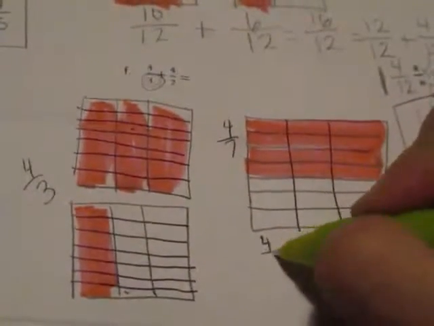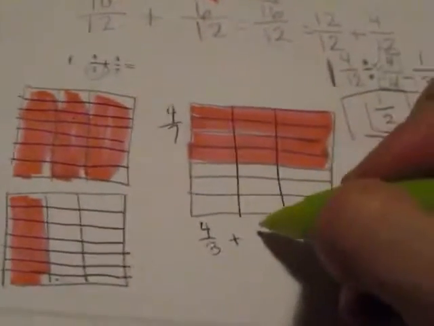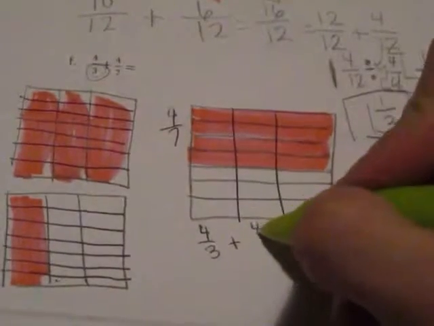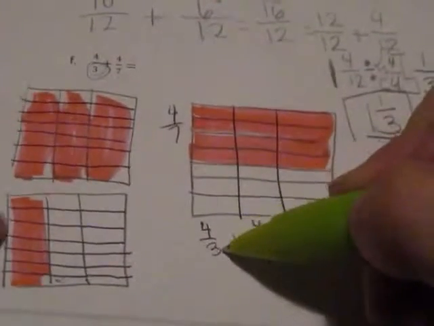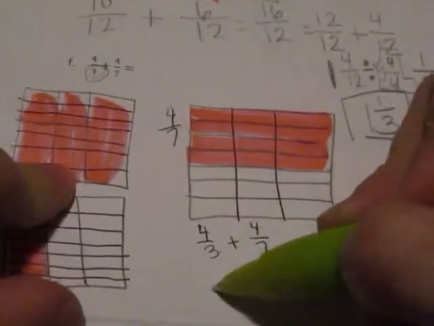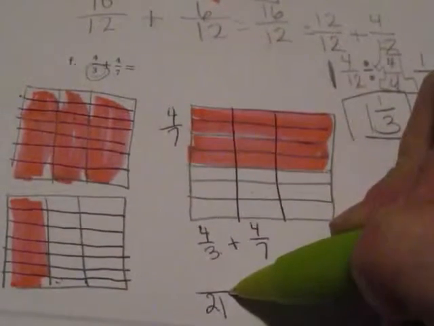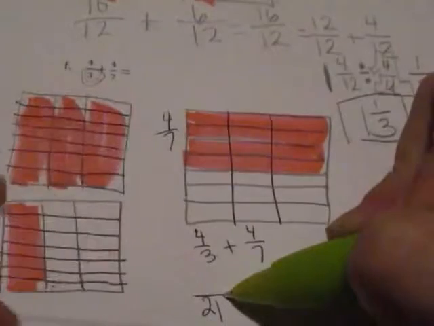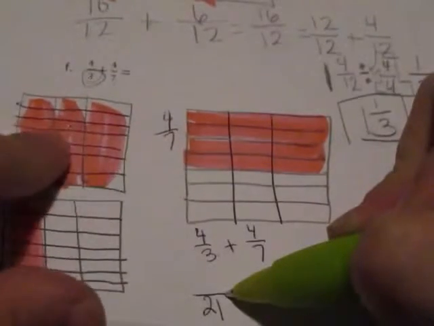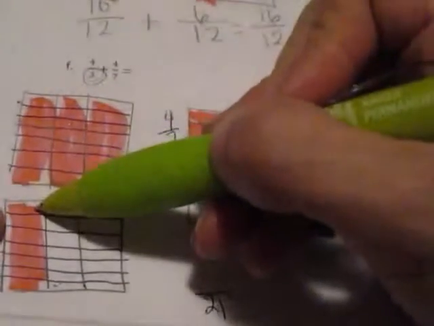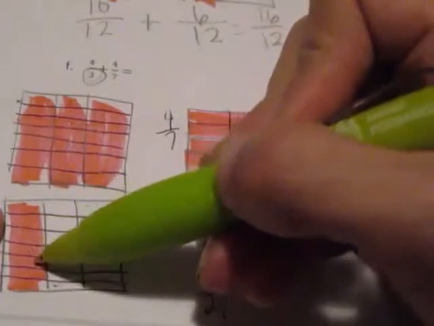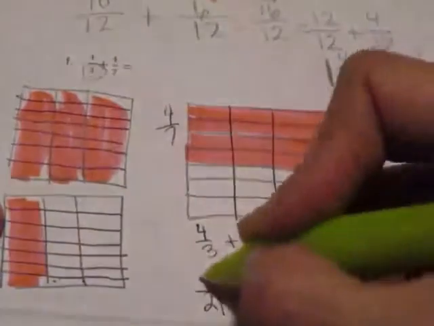And then so now, instead of having 4/3 plus 4/7, my 4/3, my whole, I now have 21 units. And out of my 21 units, I have a whole 21 plus 22, 23, 24, 25, 26, 27, 28.